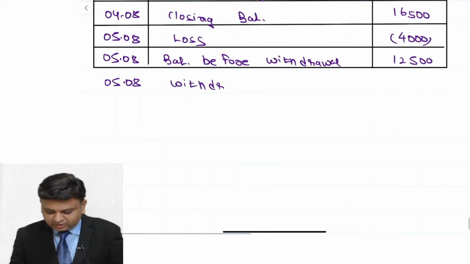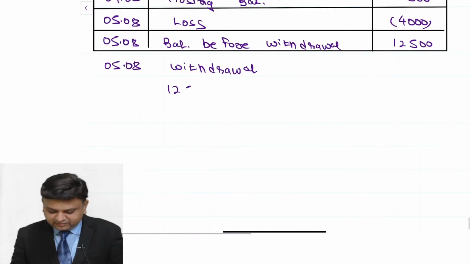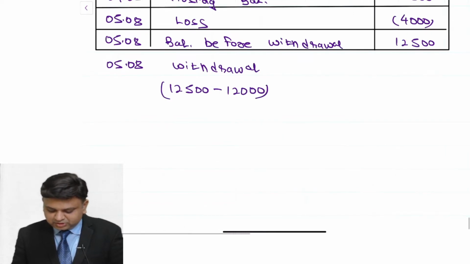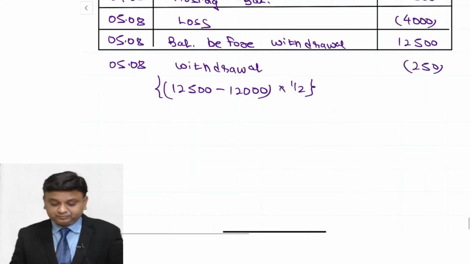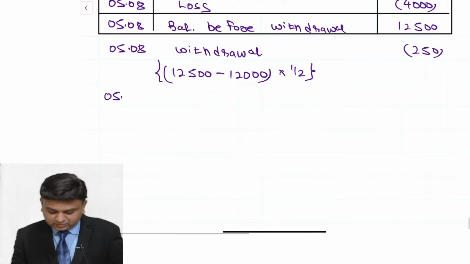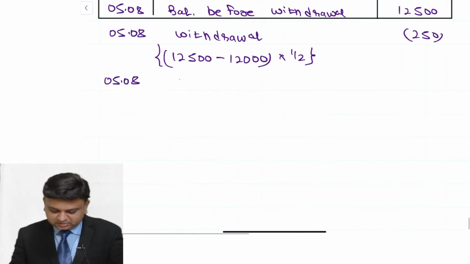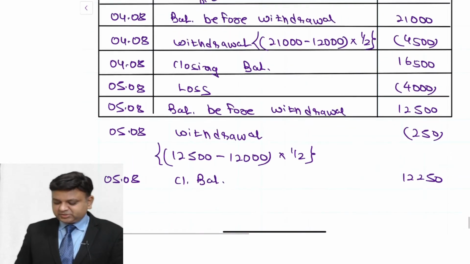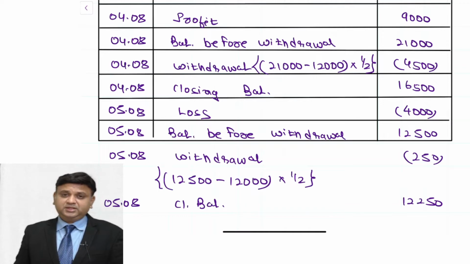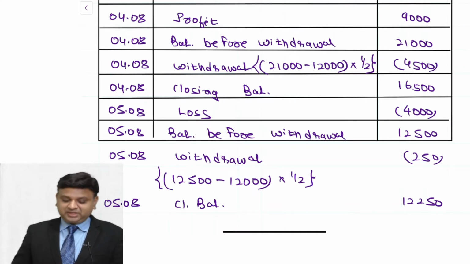The amount of the withdrawal will be 12,500 minus 12,000, so it is 500 into 1 by 2, that comes to 250. So on 5th of August, finally the closing balance, that is part of our answer, it is 12,250. This is the way we can compute the answer.